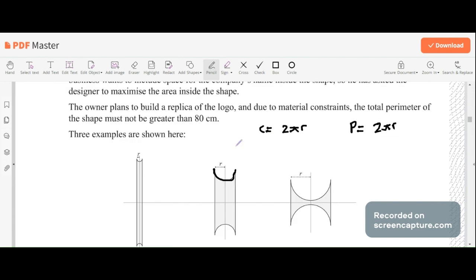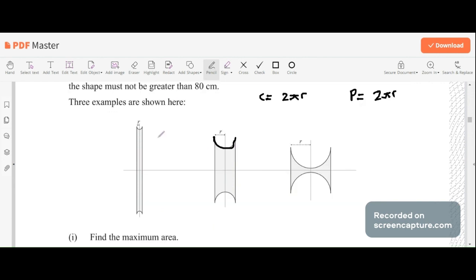Maybe if we just go plus 2L, and we call that L, because there's no actual other length.